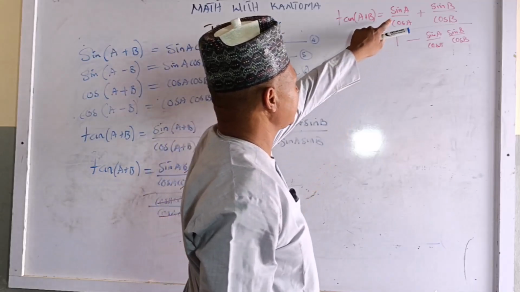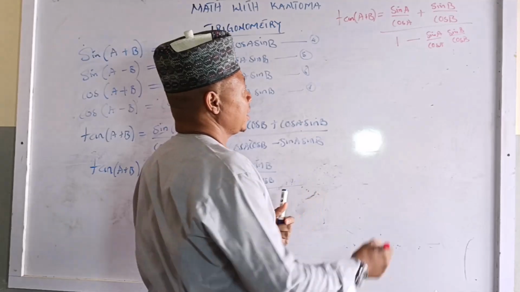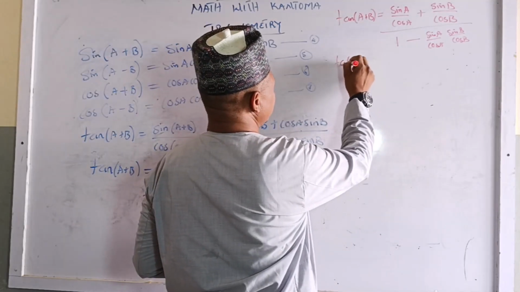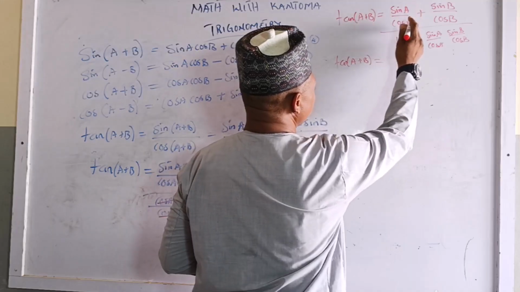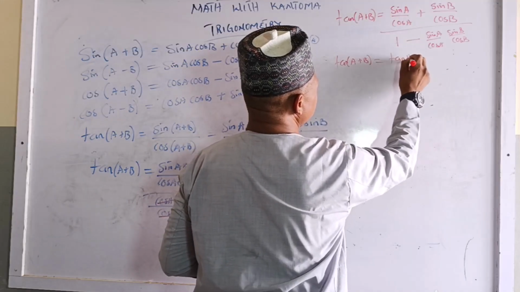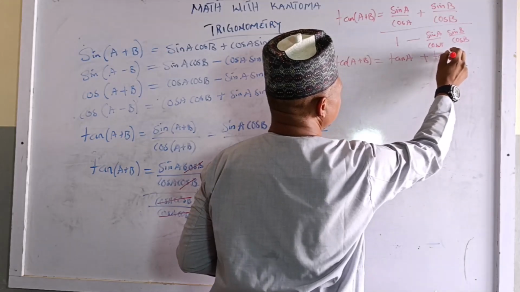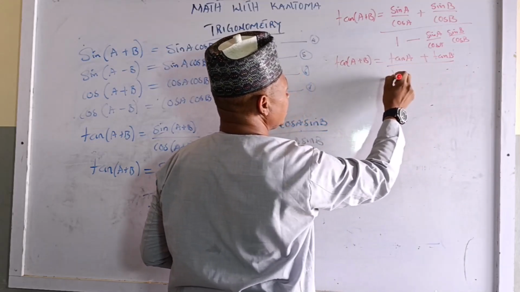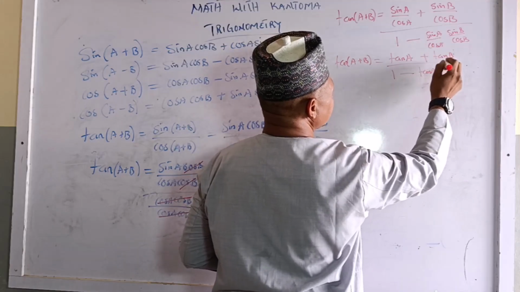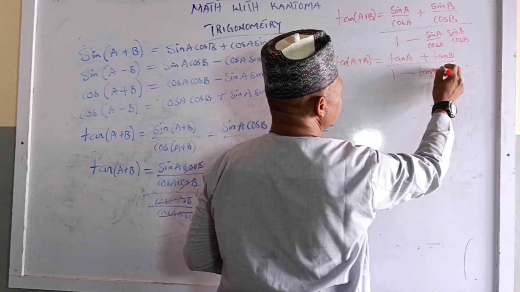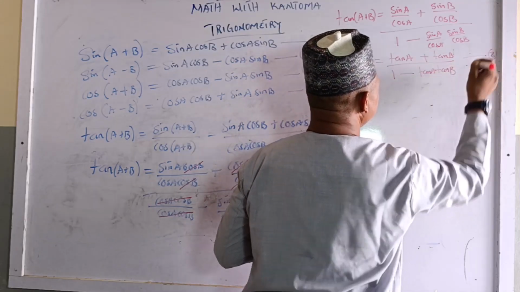So now instead of writing sine over cosine, I can simply write it as tan, because sine over cos is tan. So therefore I have tan A plus B is equal to sine A over cos A, which we said is tan A, plus sine B over cos B is tan B. Divide this by 1 minus sine A over cos A is still tan A times sine B over cos B is tan B. So let's say this is equation 8.